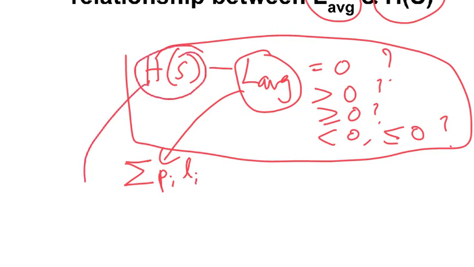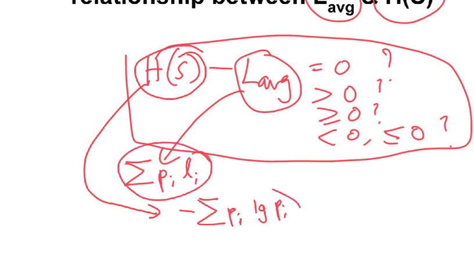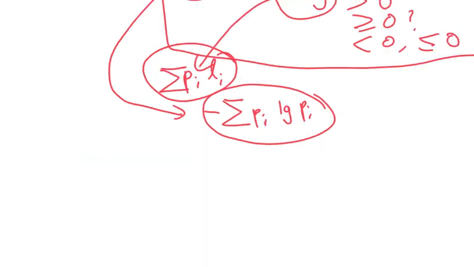H(S) is this particular summation: negative summation of the probability of using a particular code times the logarithm of that probability. So what is the relationship between these two summations? That is the question. We're going to do some mathematical manipulation for this. Here we go. I'm going to use a different color.